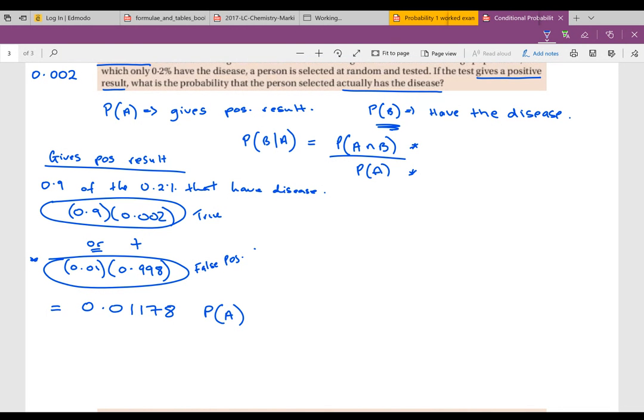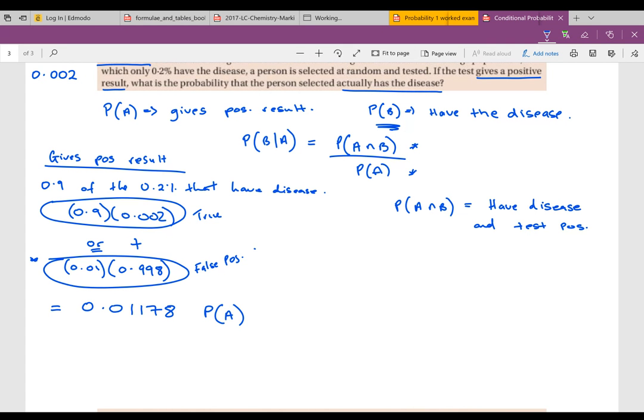Now the probability of A intersection B. So this is the people that have the disease and test positive.